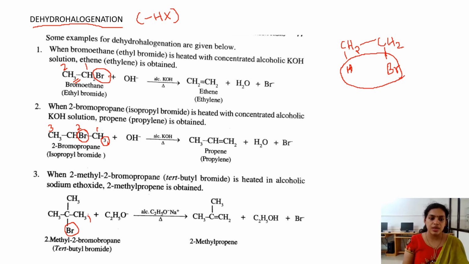So from any of these methyl groups one hydrogen is eliminated, so that a double bond is formed between these two carbon atoms. These are the examples of dehydrohalogenation. Here we have discussed the dehydrohalogenation of a primary, secondary and tertiary alkyl halide. All of them proceed with a similar mechanism and give the expected products.